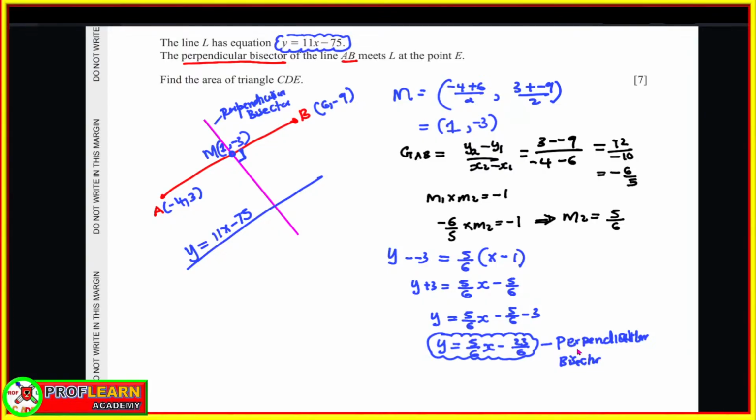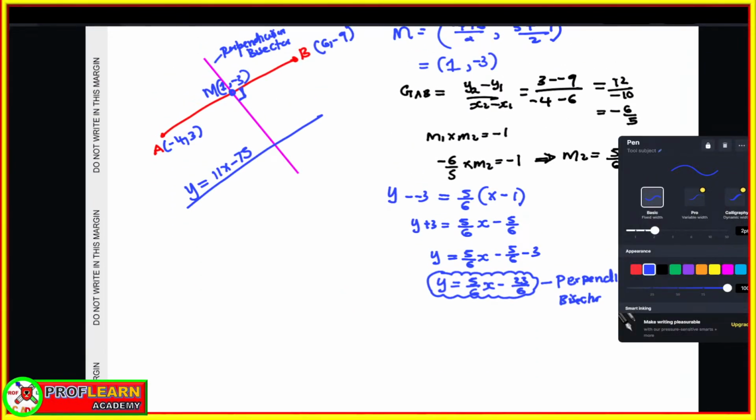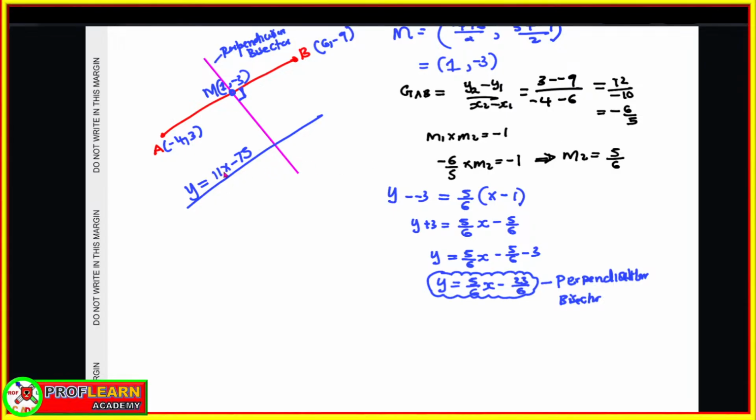So once you have the perpendicular bisector, we can now go ahead and solve, because the two lines are intersecting. So we can equate these two so that we can get the solution.